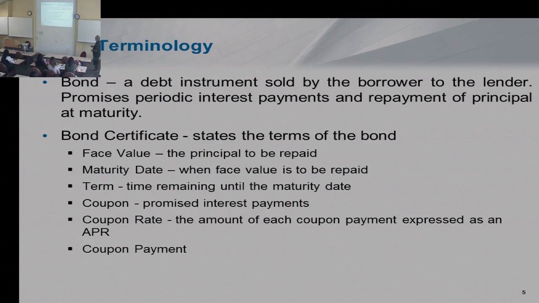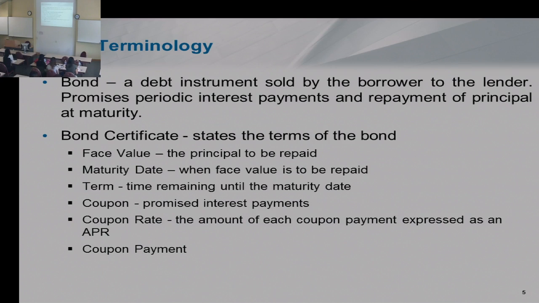The maturity date is when the face value will be repaid. It might be short term, it might be medium term, it might be long term. It might even be forever. So some countries have issued bonds that are perpetuities, they're never going to be repaid.